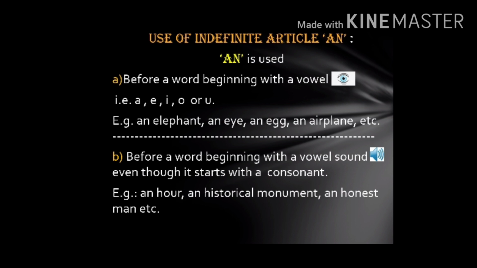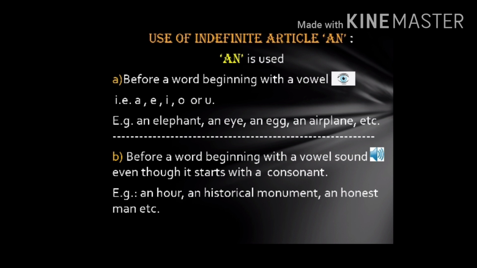Normally we add an whenever there's a vowel. We see E, an elephant, an egg, an aeroplane. So the moment you see A, E, I, O or U, we immediately add an. That is the visual. But there are some vowels which will sound like a consonant.